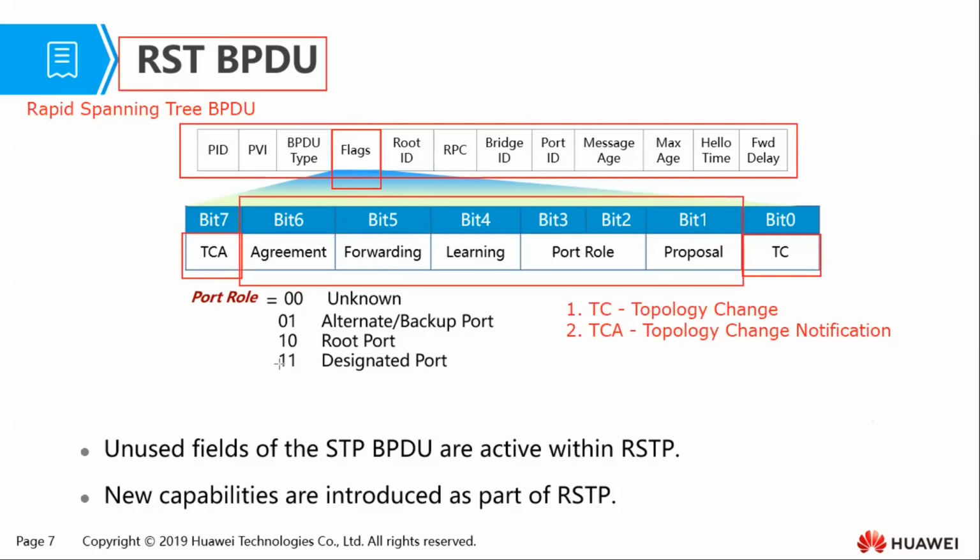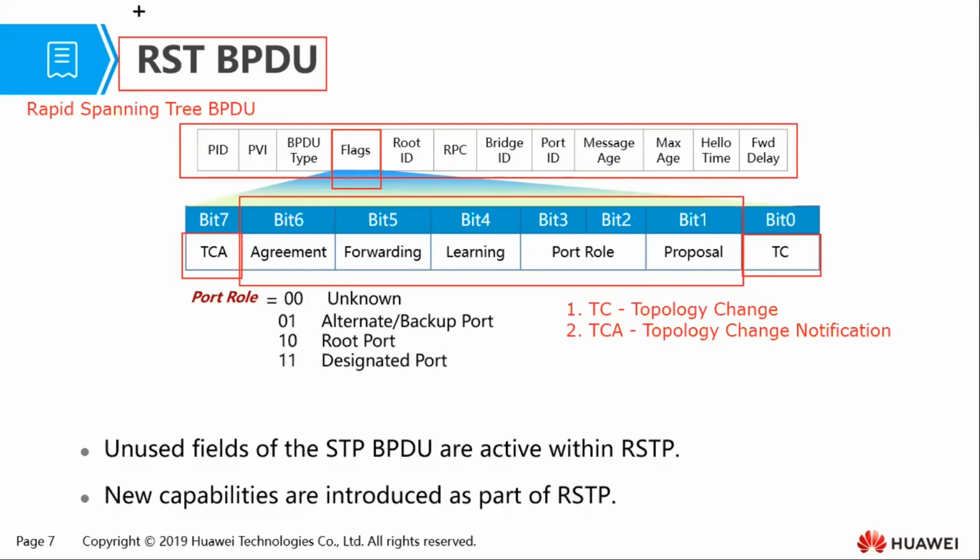It only makes use of the TC and the TCA fields. The topology change bit will be set to 1 when a downstream device wants to notify the root bridge of a failure. Topology change notification will be set to 1 when the root bridge wants to notify the downstream switches so that they can reset their MAC address table.